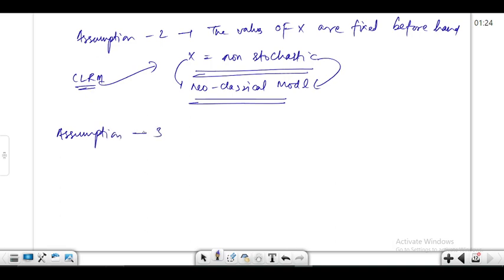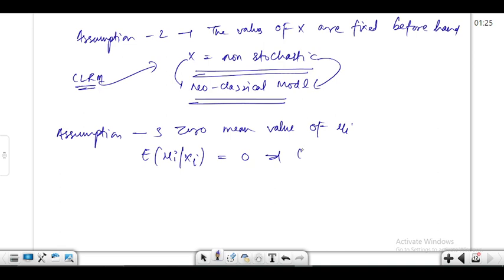So it says zero mean value of ui. So the expected value of your ui term is 0. Okay, so it can be written as E of ui given xi is equal to 0.